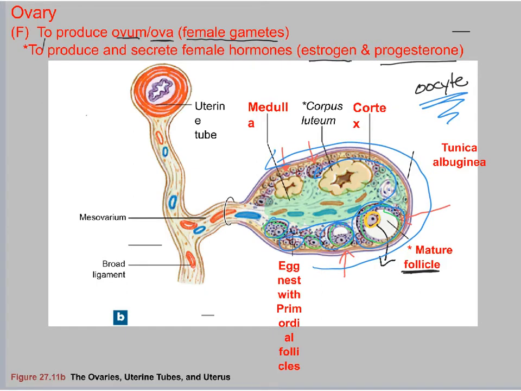They're completely stationary. This author is just trying to represent the different stages of those follicles. So if we go back to this picture right here, let me get the right pin. These are all egg nests. You see how the primordial oocytes are all clustering together in that cortex? That's them.